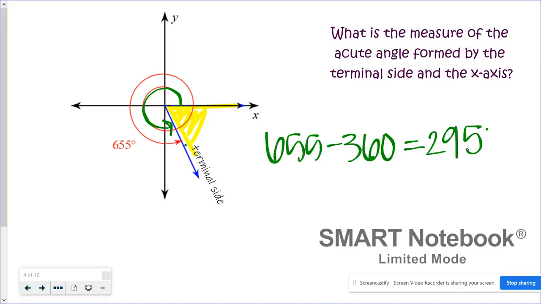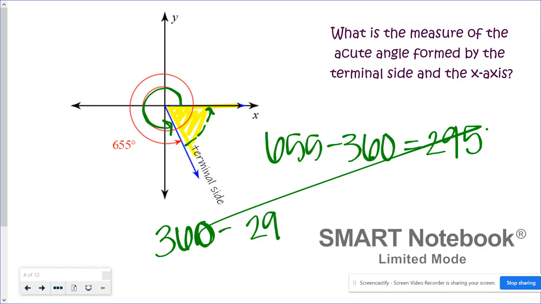So if I had gone just this little bit more, I would have been at 360. So the question is, what is that little bit more? Well, if I go 360 minus 295, I realize that I was 65 degrees shy of reaching 360. Okay, so that seems to fit what that reference angle would be.